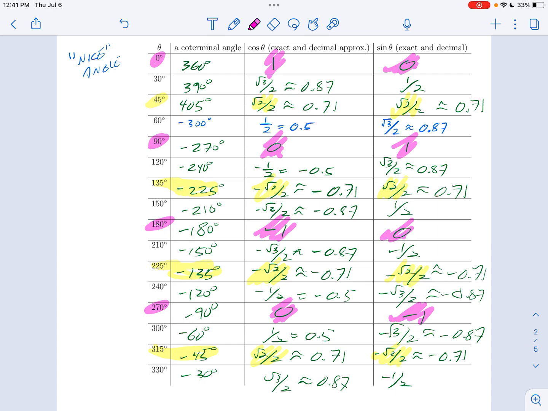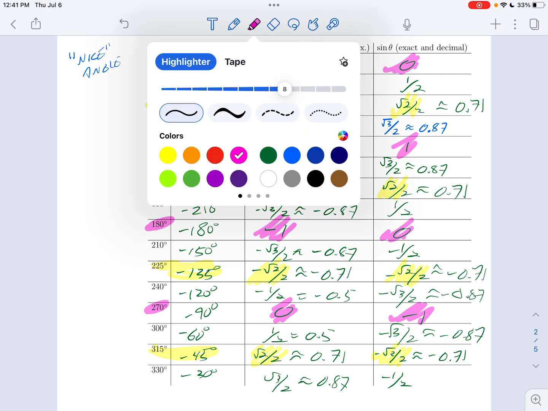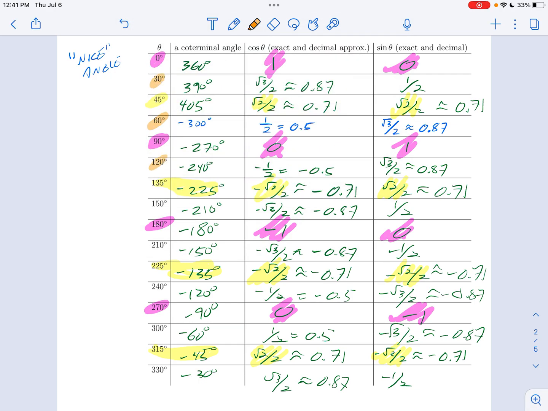And then for the things that are more related to 30 or 60 degrees, like 30 degrees more than 90 or less than 90, so all these other ones, 30, 60, 120, which is 90 plus 30, 150, which is 180 minus 30, for all of these, what you'll notice is one of the numbers is either 1/2 or negative 1/2, and it's paired up with a number that's either root 3 over 2 or negative root 3 over 2. If you know that these come in pairs, it can save you some time.